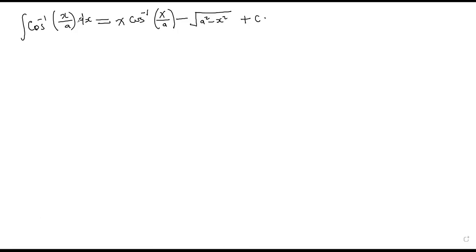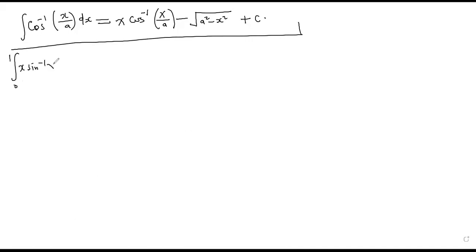So me, I'm going to work out this integral where I'm required to show that the integral from 0 to 1 of x sine inverse of x dx is equal to pi over 8.